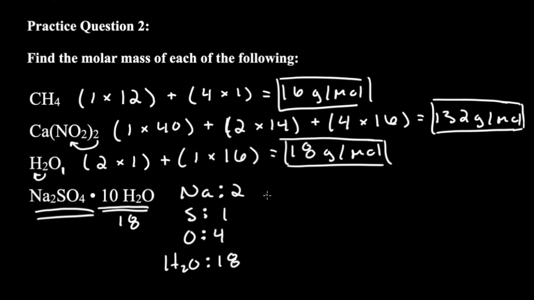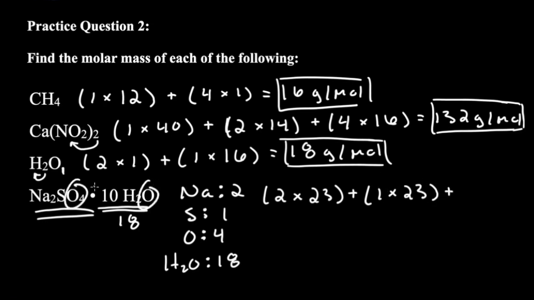We'll say we got 2 Nas. The Na on the periodic table is going to be 23. And we'll add that to, we got 1 S on the periodic table. The S is going to be 32. And then we got oxygen. Now it's this oxygen. I know oxygen's over here and here, but we took into account this oxygen when we took into account the water over there. And so we have 4 oxygens.